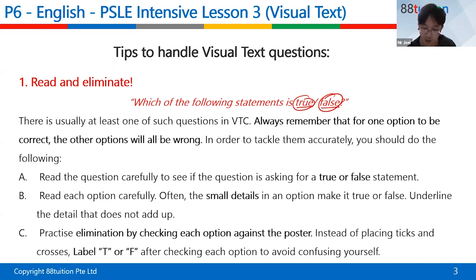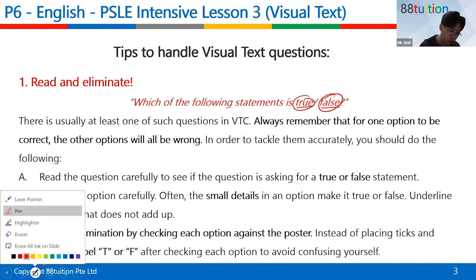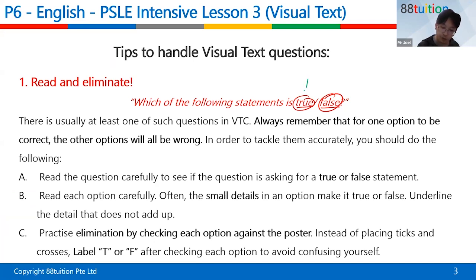If the question is asking you for which one is true, then you jolly well find out whether there are other true statements as well or not. Especially if after you're done looking through A, B, C, and D, then you realize, hey, A and C are both actually true. How can that be? There must only be one true answer, right? So therefore, you can go and compare why A and C are actually different.